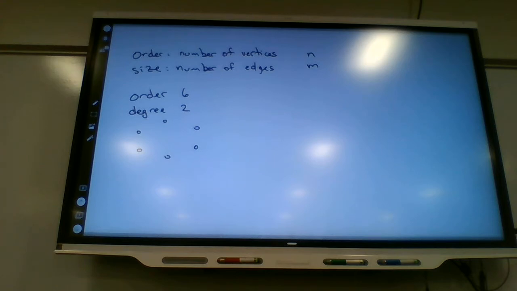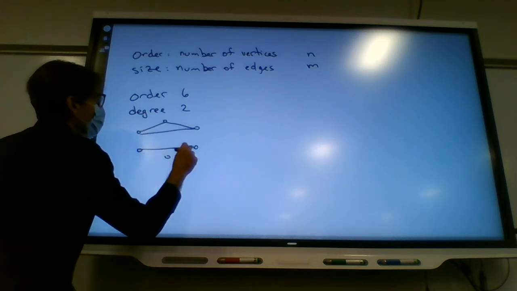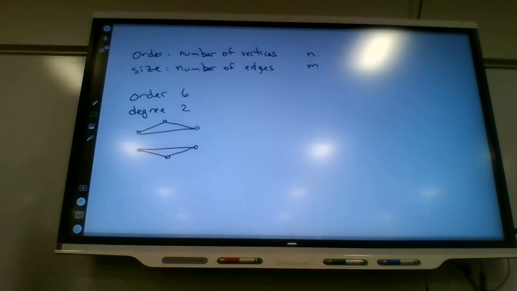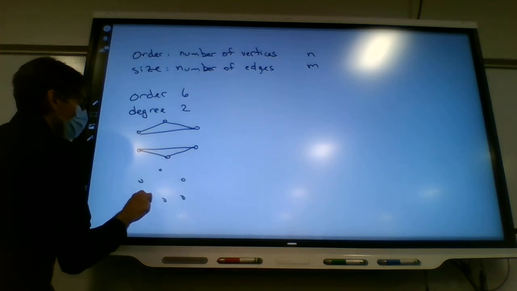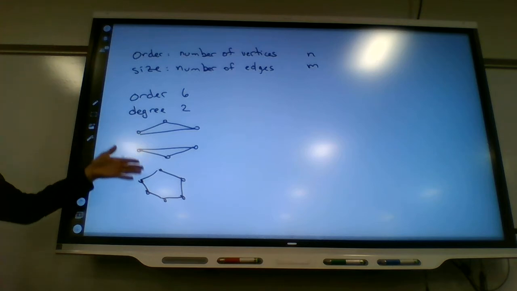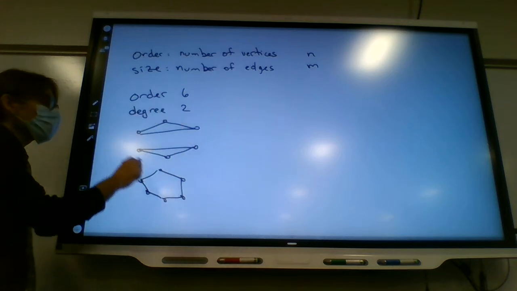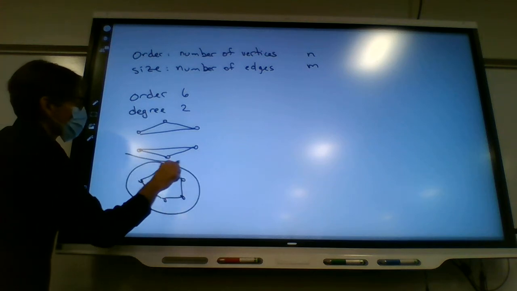Do you have to be able to get from one vertex to all the others? No, we don't have to. So you can have the 3 kind of separate from each other. Yeah, we could have this instead of this. Now, what do we know about these two? Because this is all one graph, and this is all one graph.